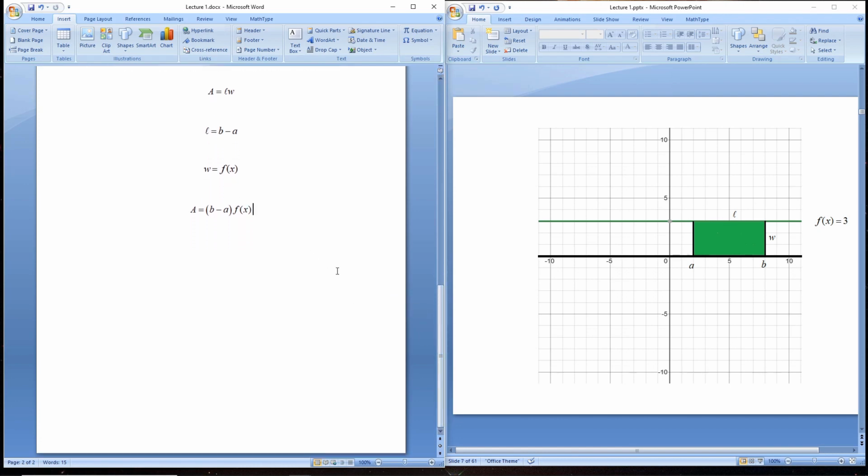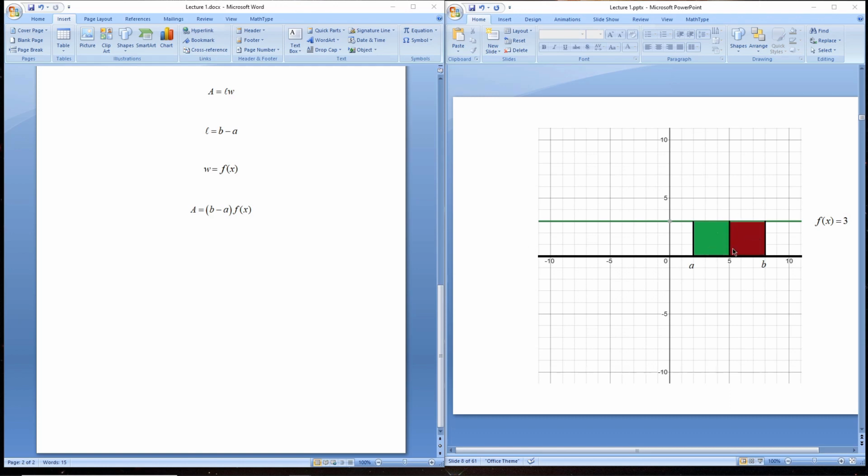So this new expression for A is actually going to be our starting point on how to set up for more advanced things. And what we're going to do now is going to seem a little bit strange because we're going to be dealing with just the simple rectangle here. But I'm going to split this rectangle into 2 rectangles. And we're going to get the answer again for the area under the curve, but using 2 rectangles.